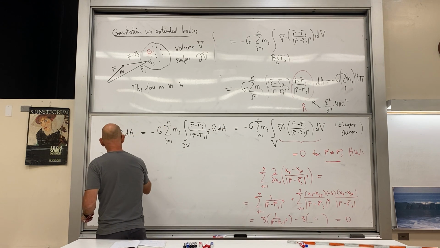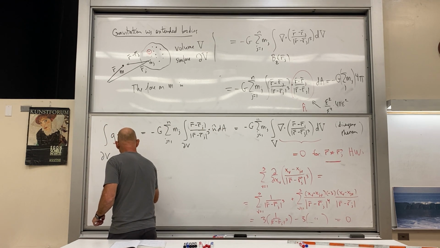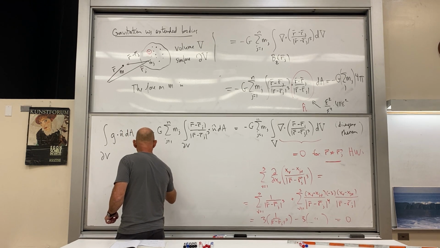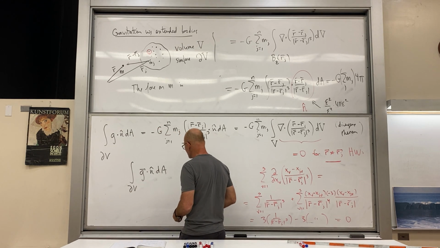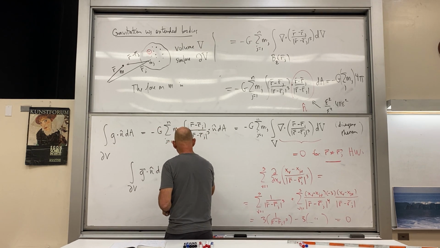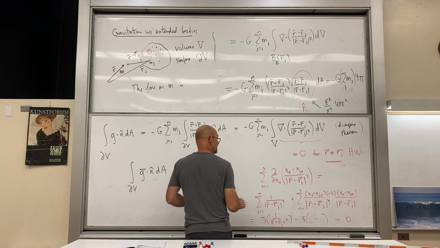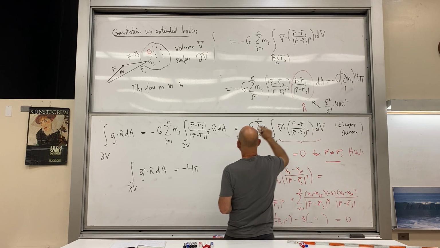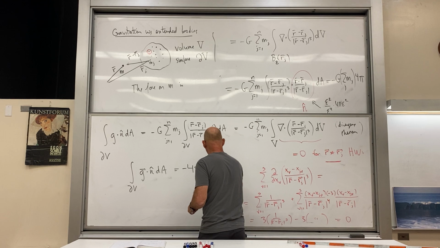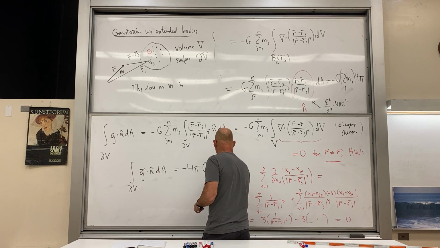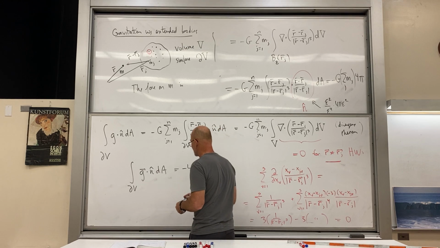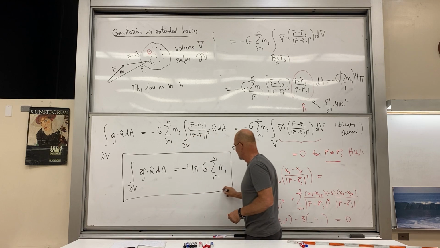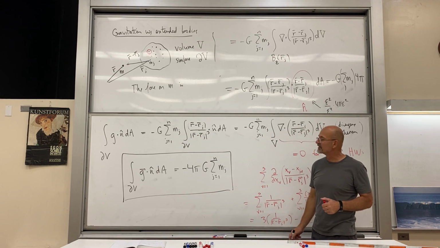So what we have is this flux integral, g dot n hat d area around the boundary of a volume is equal to minus 4 pi, all the epsilons canceled, minus 4 pi G sum of all the masses. And these are all the masses enclosed in the sphere.